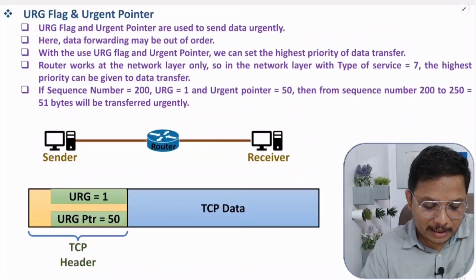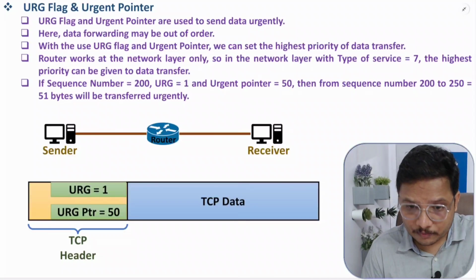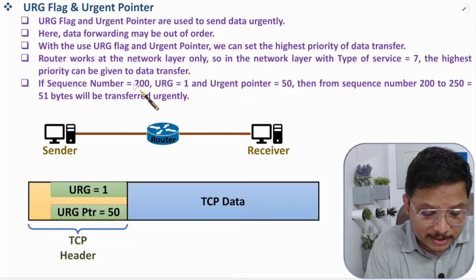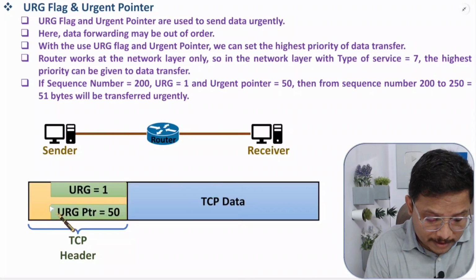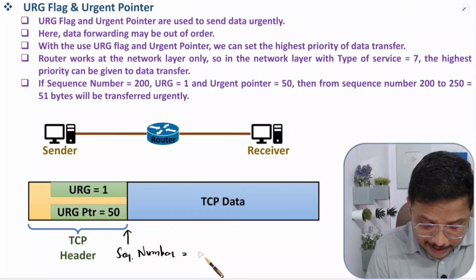Now you need to understand how the urgent flag and urgent pointer work. Let's take one practical example. If the sequence number inside the TCP header is 200, what does it indicate? It indicates the first byte of TCP data.